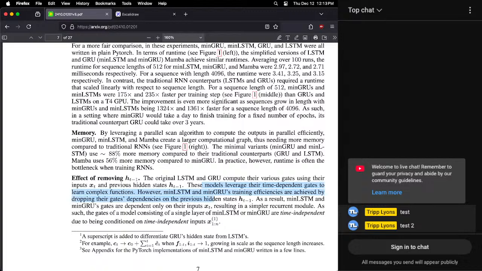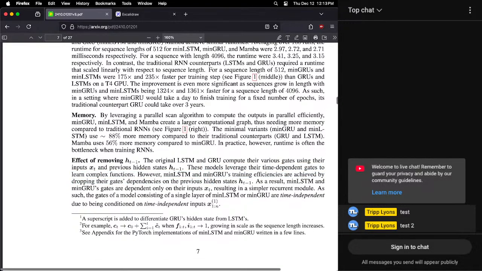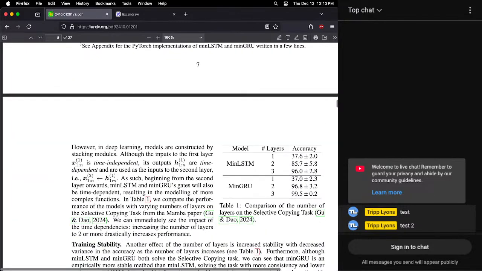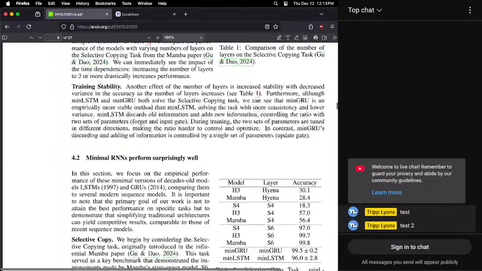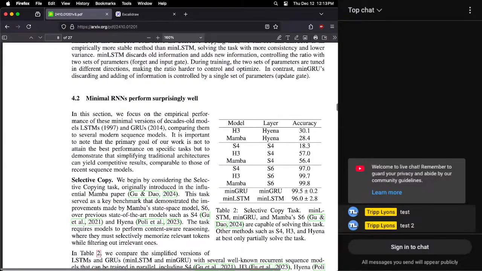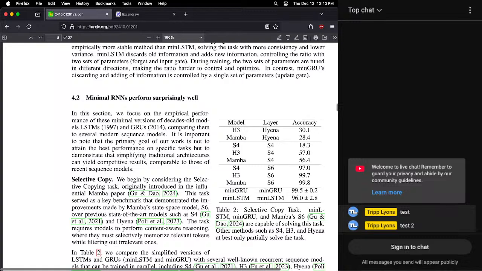So it could make the performance worse, but typically that's mitigated by the fact that it's much faster to train. Apparently you could increase the number of layers because there's increased stability. And then they compare it to other efficient parallelizable RNN models such as H3, Hyena, Mamba, S4.